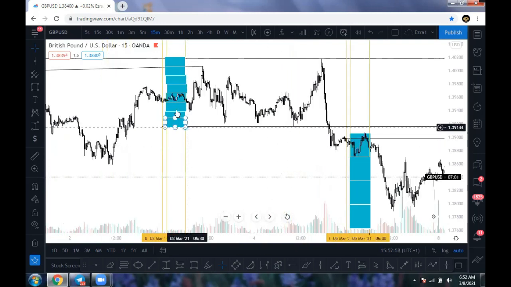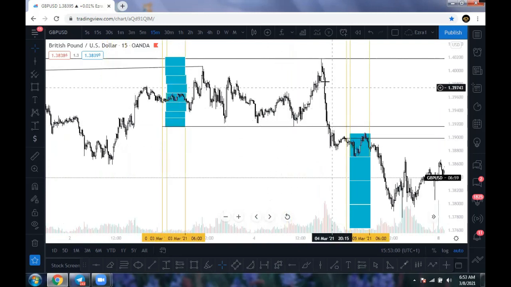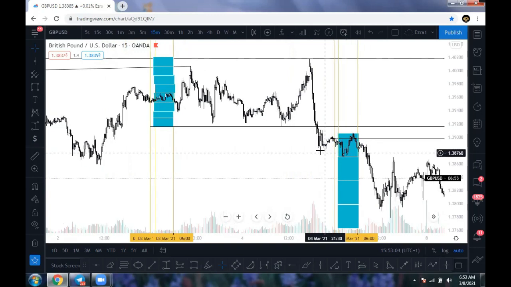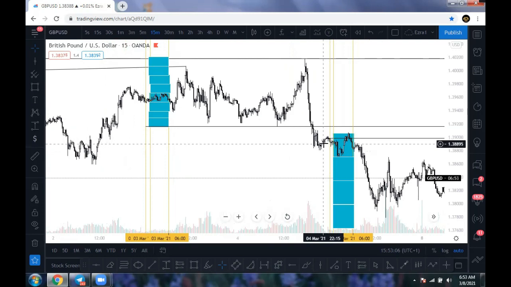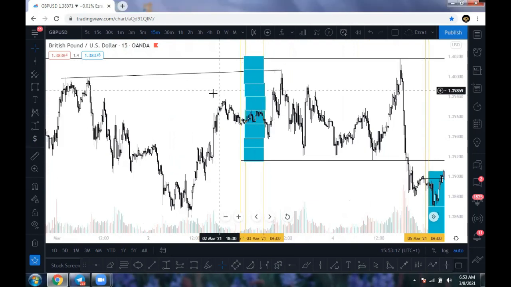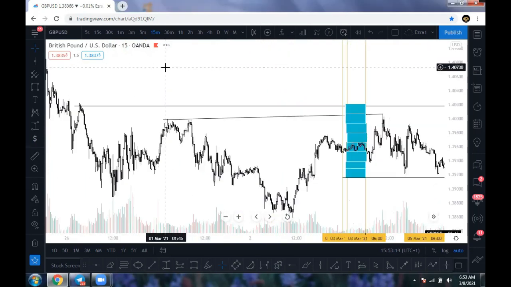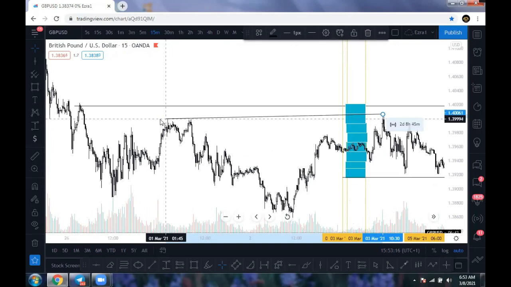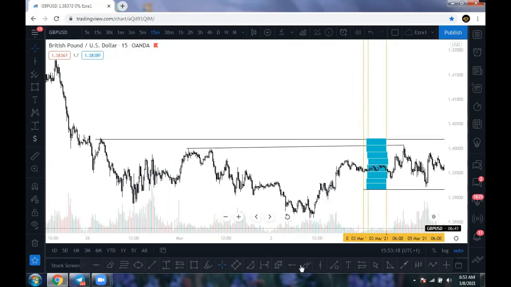So it's the Friday close and the Monday opening, Sunday evening on this side. So that is that. We use it as part of the confluence in trading. The same thing applies to Thursday. This is a Thursday opening.